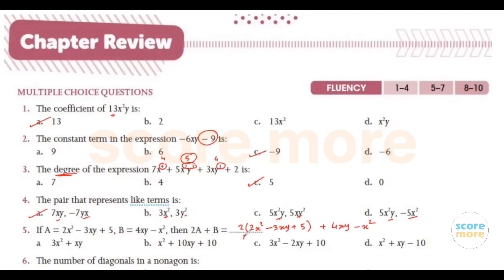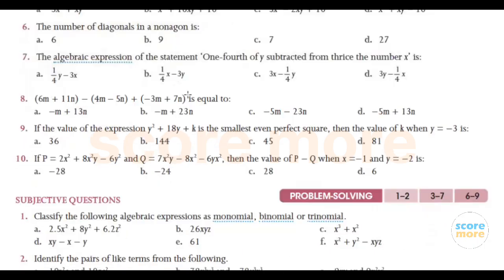So 2 into 2x square becomes 4x square minus 6xy plus 10 plus 4xy minus x square. So 4x square minus x square becomes 3x square minus 6xy plus 4xy becomes minus 2xy, and in the last plus 10. So answer is 3x square minus 2xy plus 10. That is our C option.